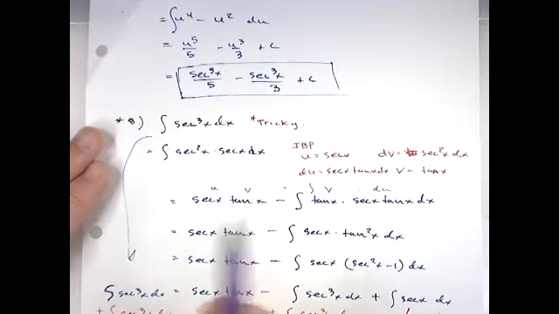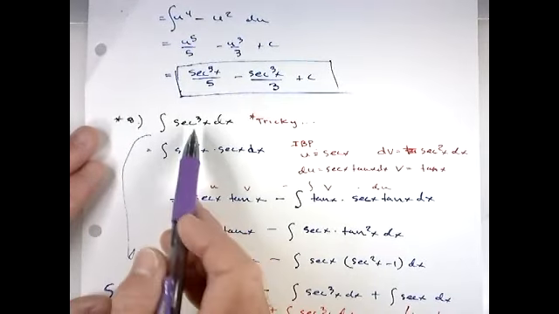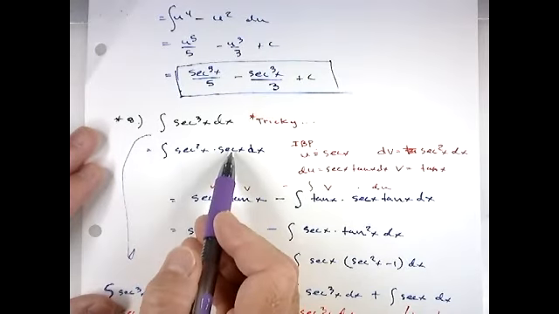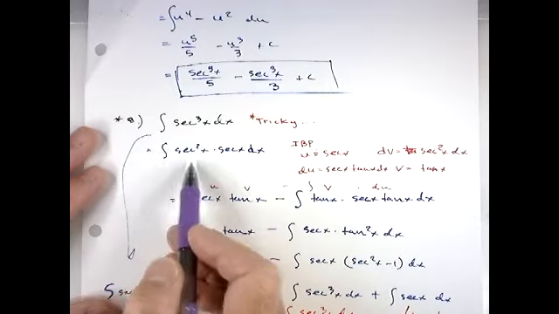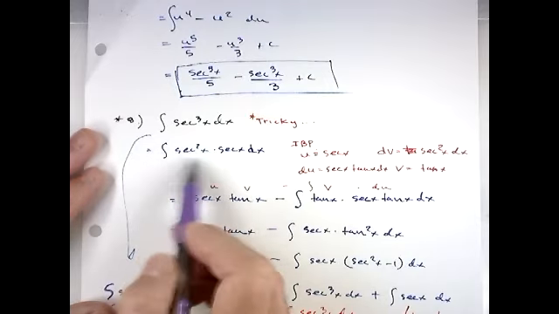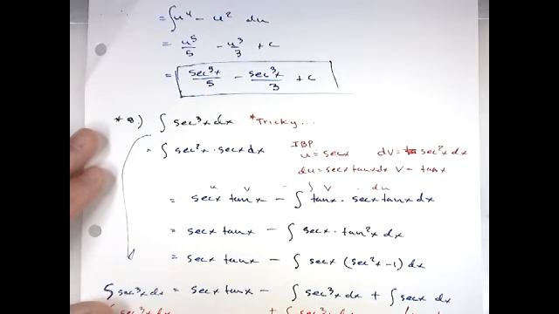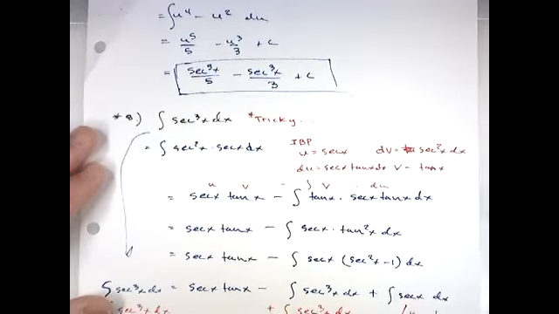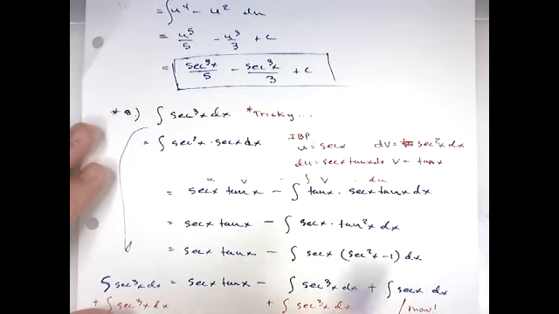The way we're going to do this is to first break it up as secant squared x times secant x. And you could play around with trying to convert that to tangent and seeing if a u sub works, but you'll probably realize you run into a dead end. So we're going to do integration by parts.